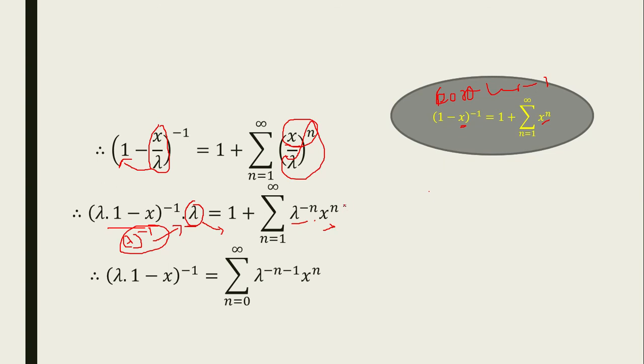So we can write summation n equals 0 to infinity. So lambda into (1 minus x) raised to minus 1 is equal to summation n equals 0 to infinity of lambda raised to minus n minus 1 into x raised to n. This completes the proof. Thank you.